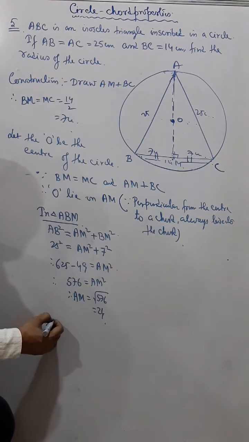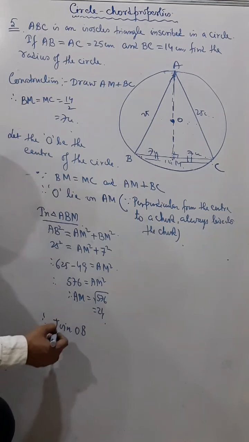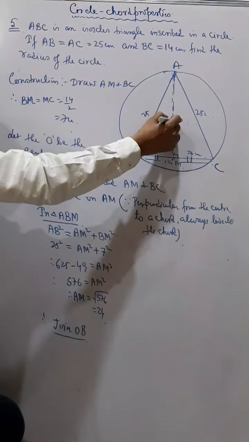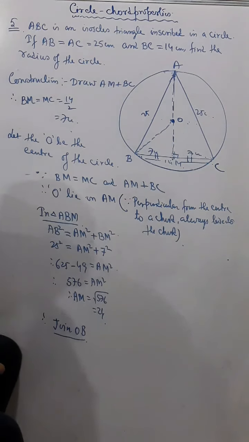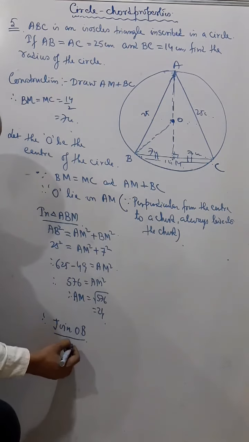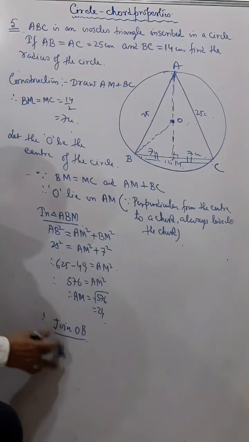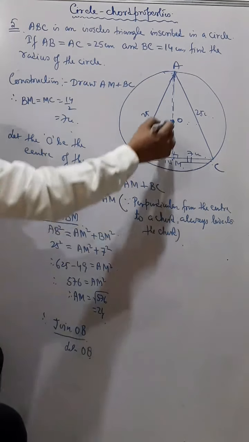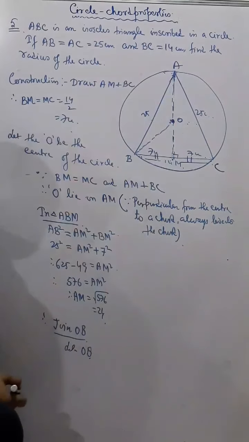Now we'll join OB. OB is the radius and OA is also the radius.